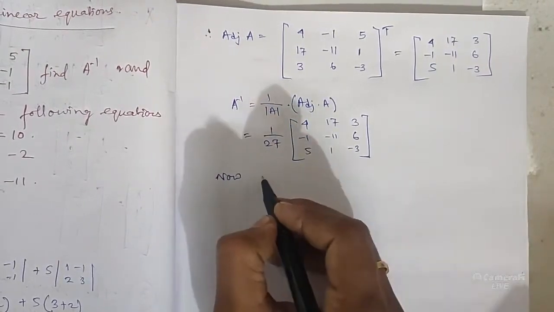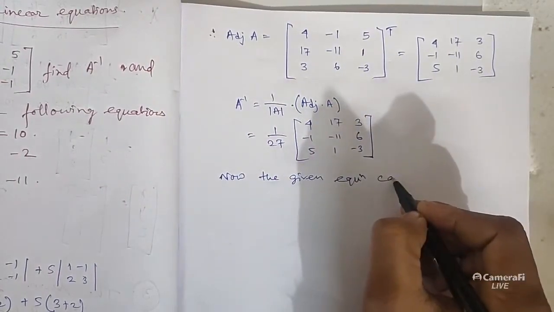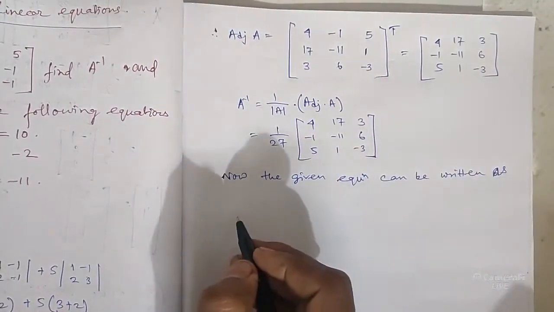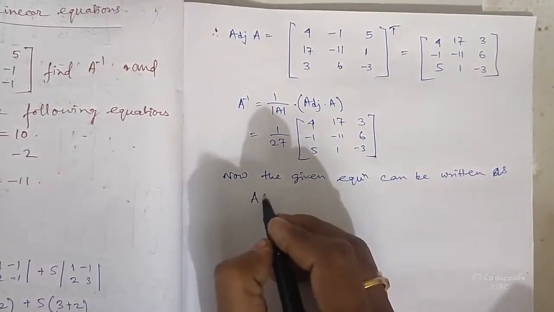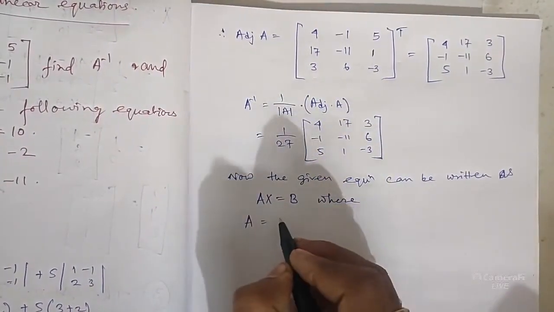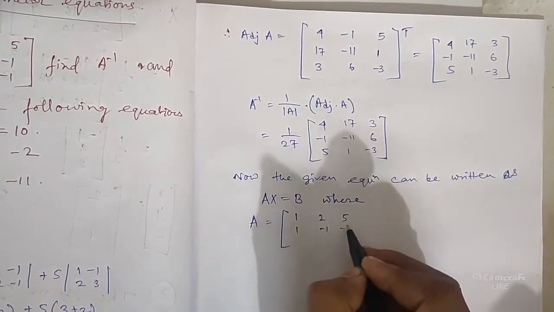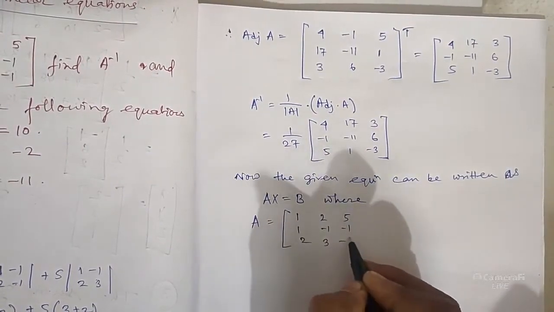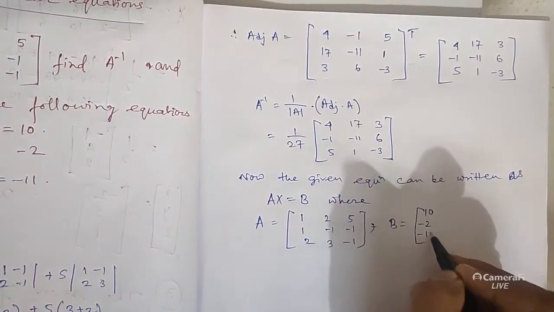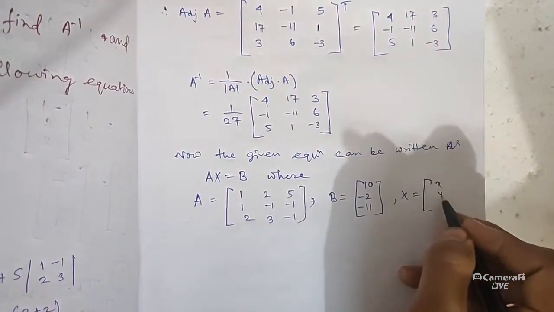Now the given equations can be written as AX equals B, where A equals the coefficient matrix, that is [1 2 5; 1 -1 -1; 2 3 -1], B equals [10; -2; -11], and X equals [x; y; z].